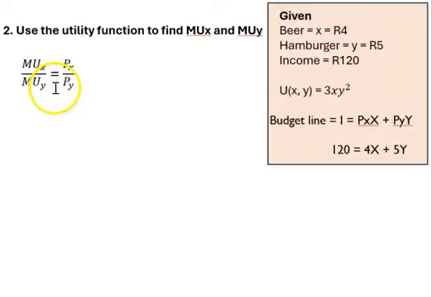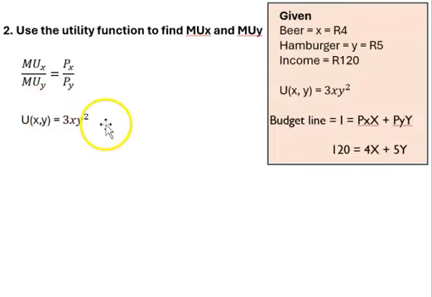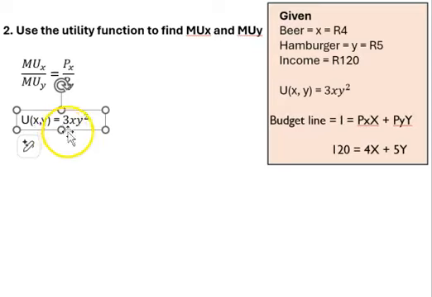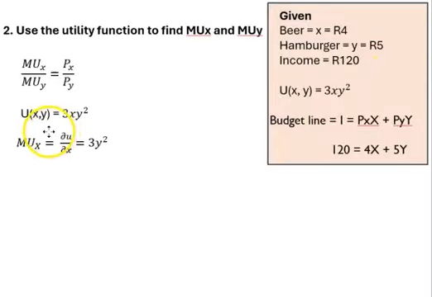So now we need to find marginal utility of x and marginal utility of y, given the utility function, which equals 3xy squared.